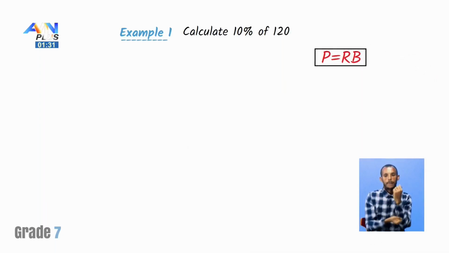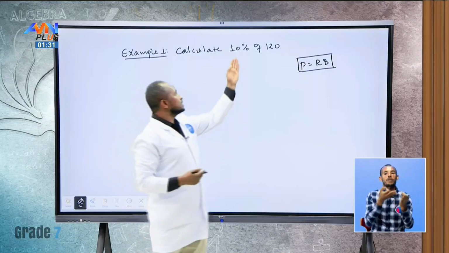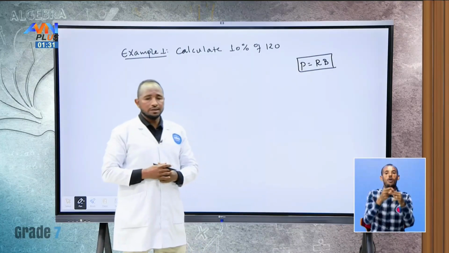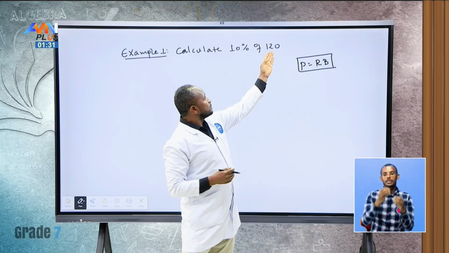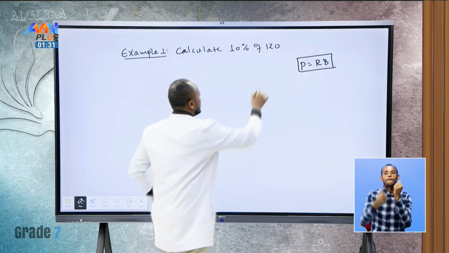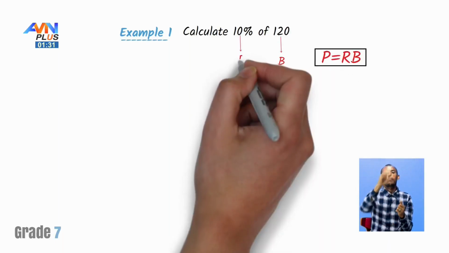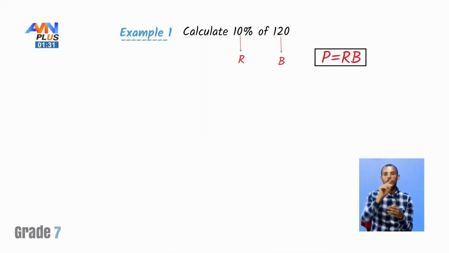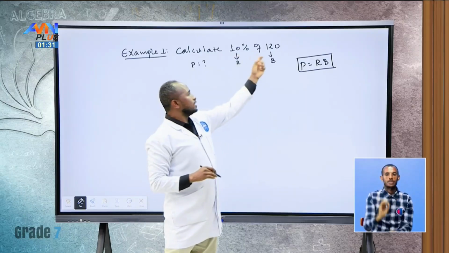In this example, the number expressed in percent, we call it rate, and the number which is preceded by "of" is the base. Therefore, this one is the base, and this one is the rate. We are asked to find the percentage. So, to calculate percentage, simply you multiply the two.